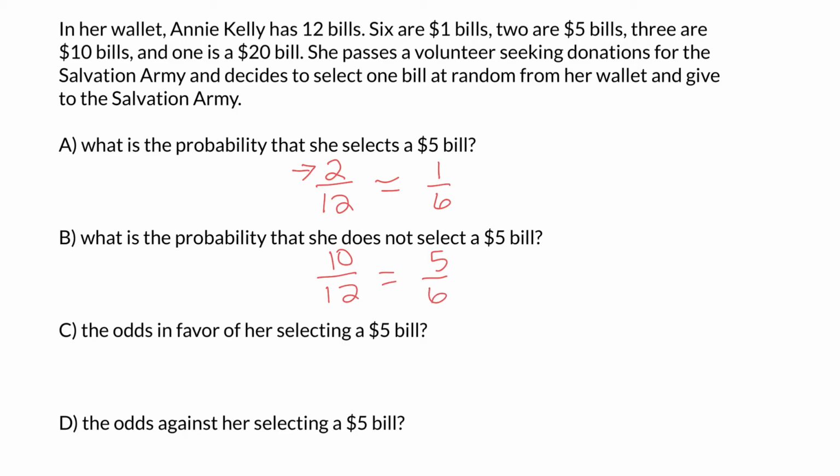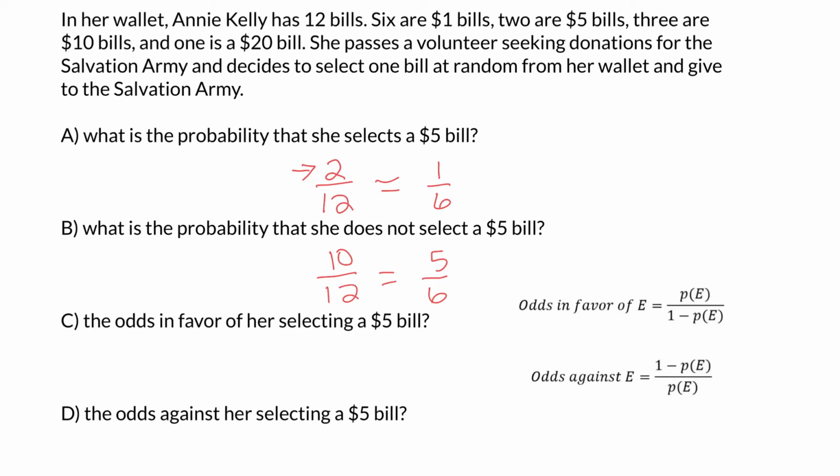So then now, taking that formula for odds in favor, you take the probability of it happening, 1 out of 6, and you divide it by the probability of it not happening, 5 out of 6.